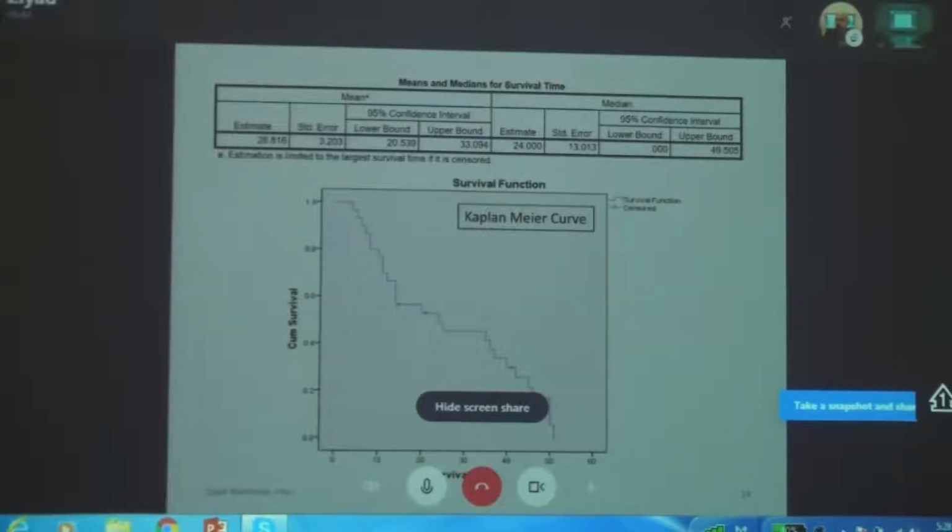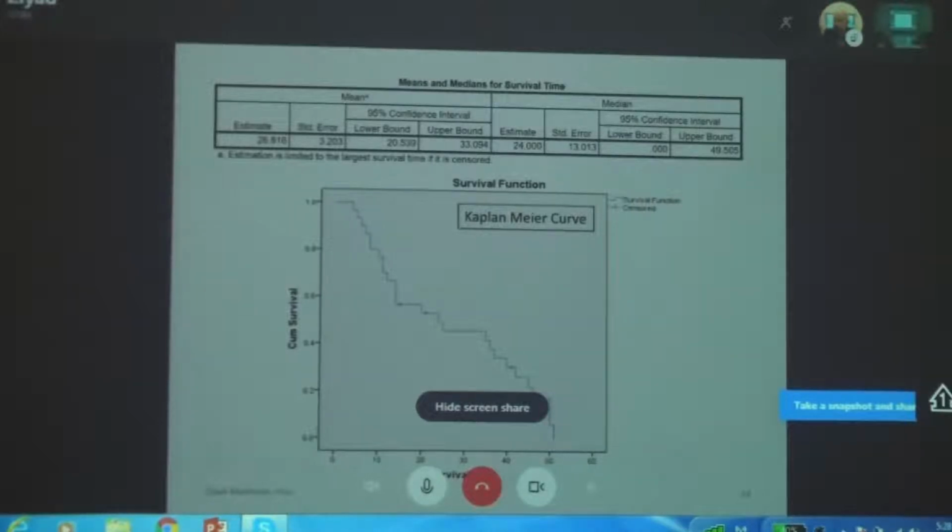The mean is basically the area under this curve. So of course, the more this curve goes to the right, the bigger the mean, which means there's more survival, the people are surviving more, and basically there's bigger average survival or mean survival time.